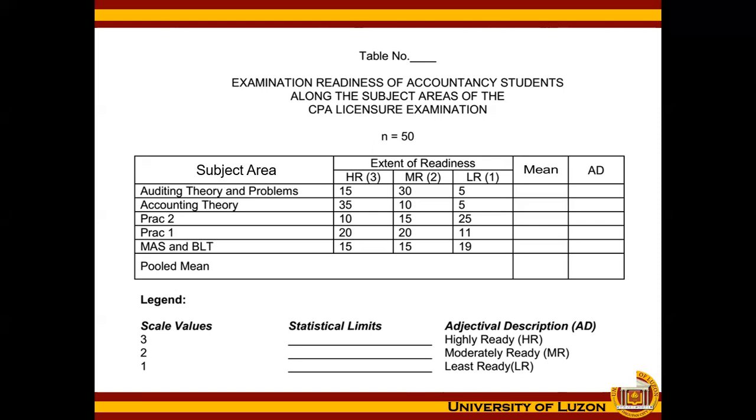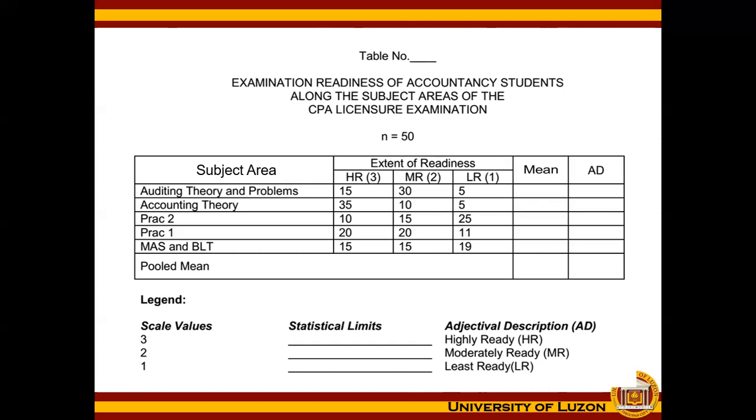So the objective is to tabulate how many of the 50 said that they are highly ready, how many mentioned that they are not highly ready but moderately ready, and those who have said that they're not ready or they're least ready.